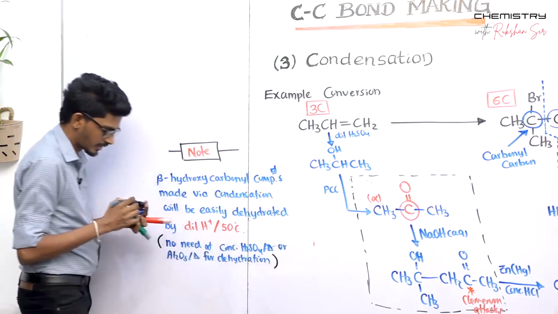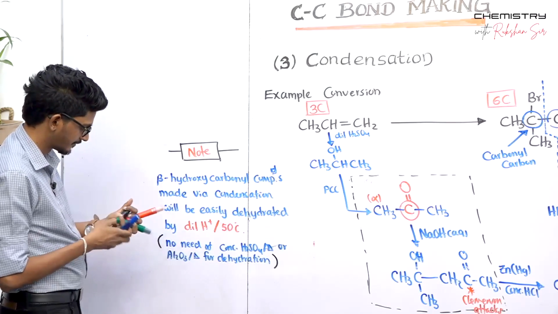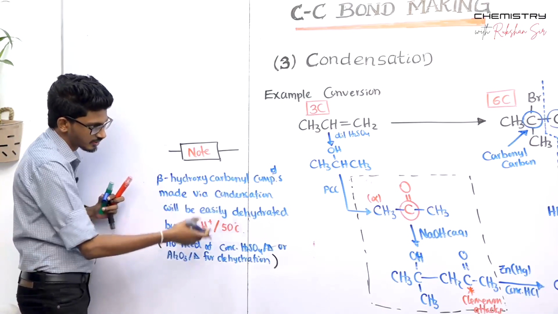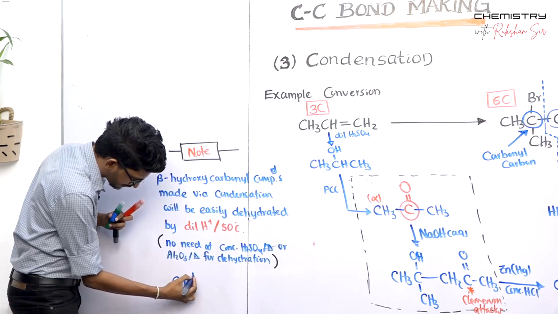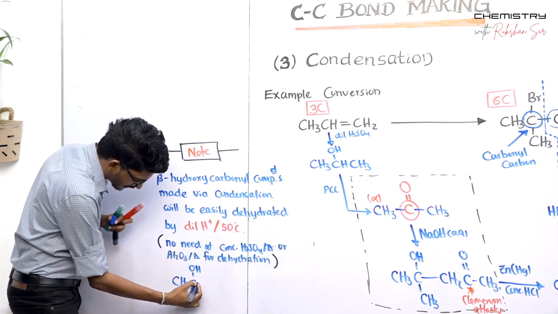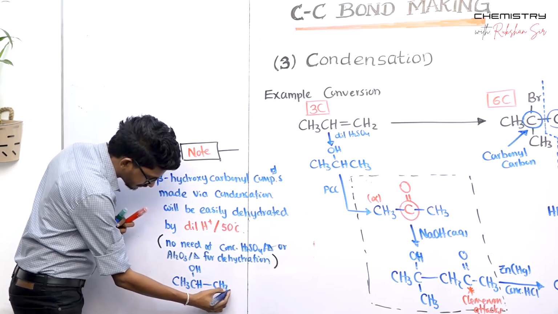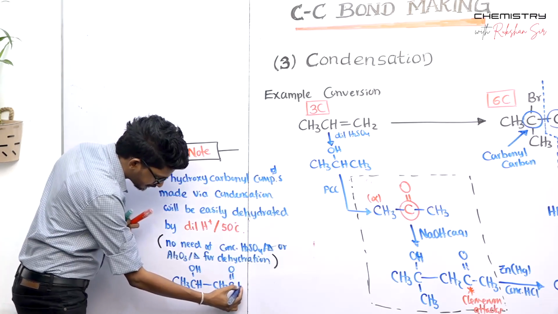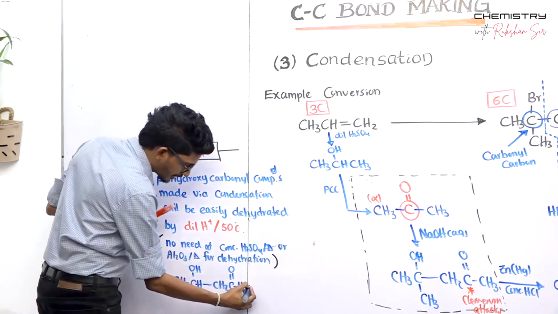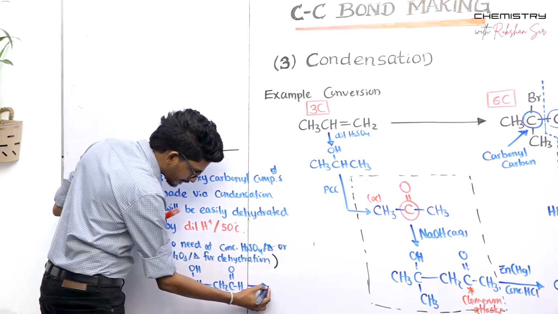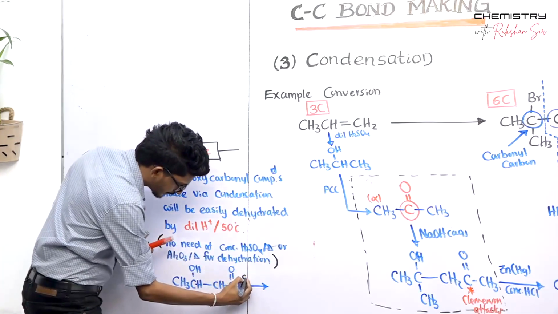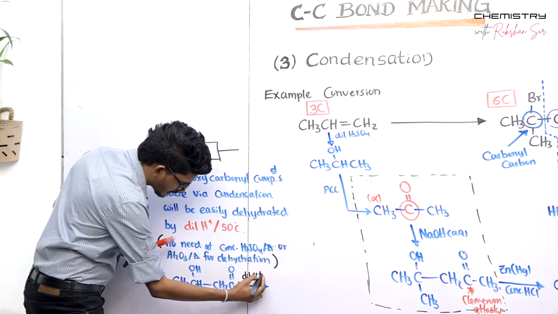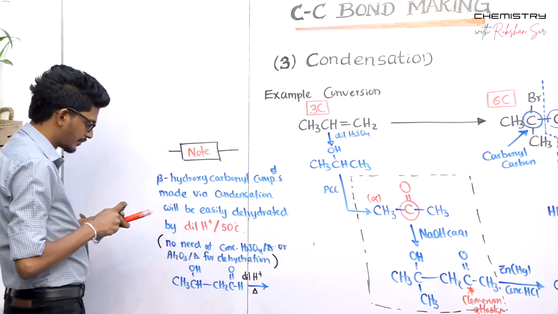All right, but what is happening there? It is like this. I write an example. This is a beta-hydroxy carbonyl. If you add some dilute H plus and heat, what will happen?